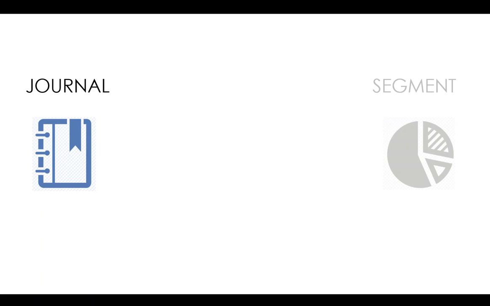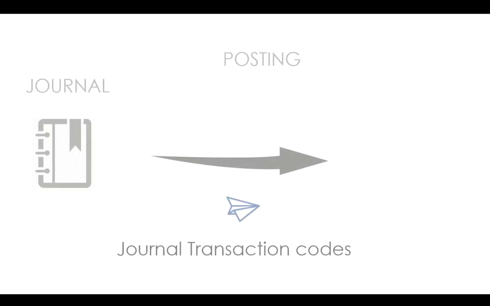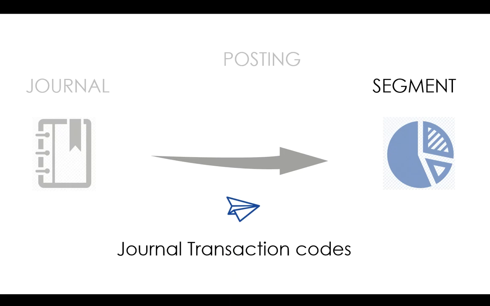So when I book a journal, as you see on the left side, and when I do the posting process, it will update the segment using a parameter we call journal transaction codes. So the journal transaction code is what will link one journal to one segment, and that's the key factor that will allow the update from a journal to a segment.